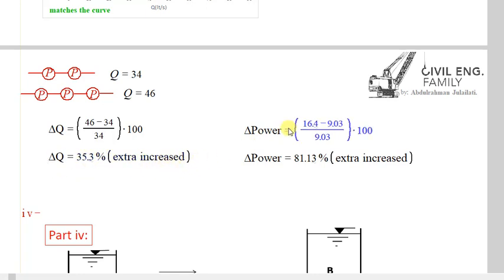And in power the same. The power at this one was 9.03, and this one is more, exactly 16.4 kilowatt. So like that.